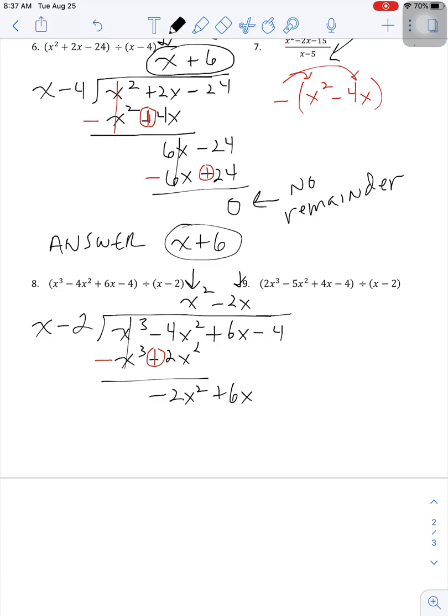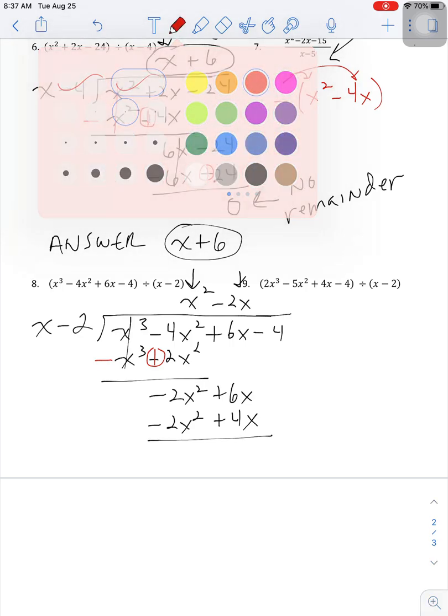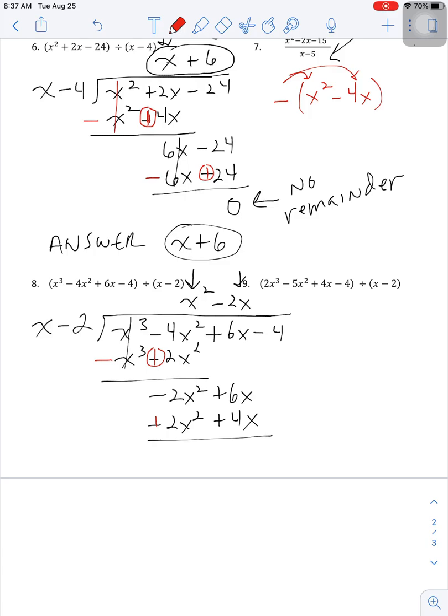And again, you want it to match up to start. So negative 2x times x gives you a negative 2x squared. A negative 2x times a negative 2 gives you a positive 4x. Remember, you have to subtract. So that's going to make this a plus sign, and then this is going to make this a minus sign.